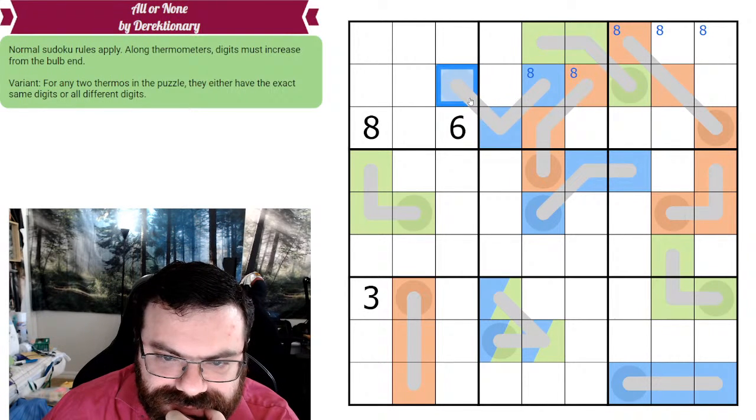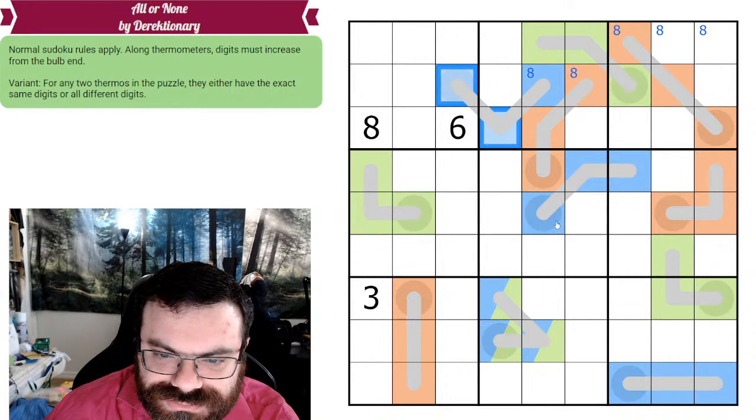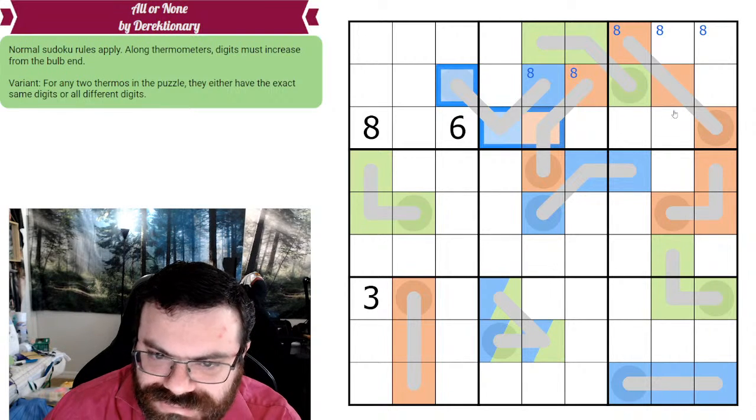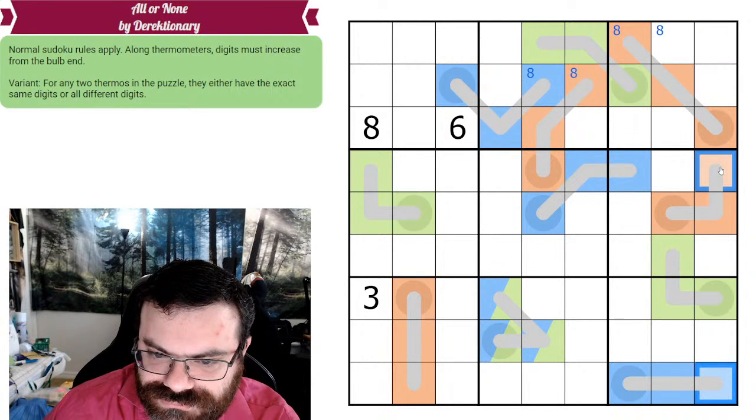The 6. Well, the 6 sees blue's bulb and center. Also sees orange's center. Right. 8's in one of these two, so it's not here. Eight's also in one of these two.